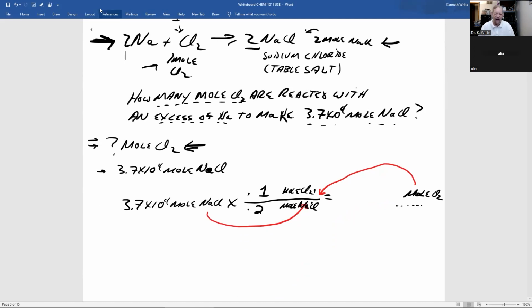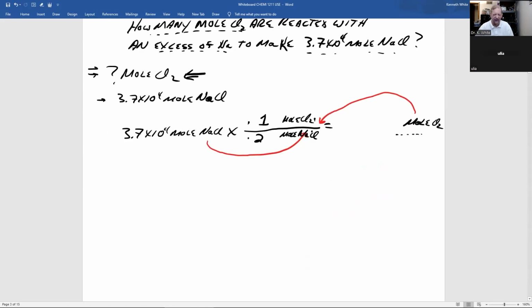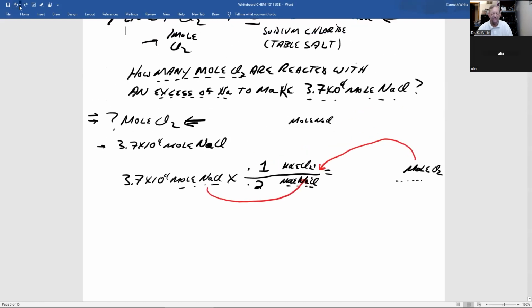So now, before I pick up my calculator, notice moles of sodium chloride divided by moles of sodium chloride. Remember, anything divided by itself equals the number 1. This cancels out these units, not the number.